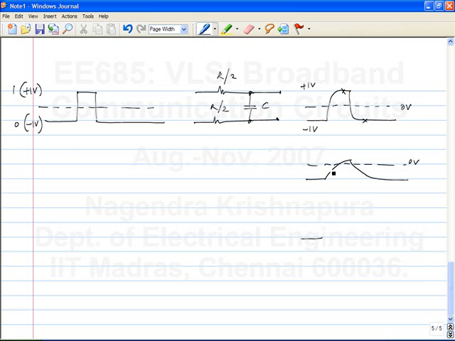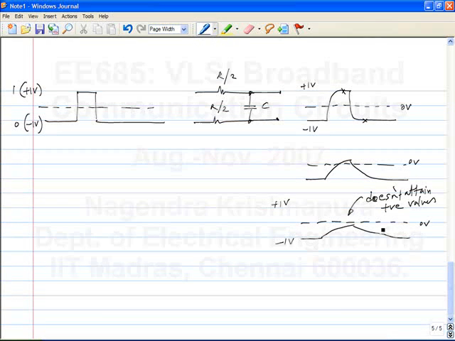You can always make R and C large enough that this happens. So here it doesn't attain positive values at all. Anywhere you look, you only see negative voltages. So you would obviously determine that the transmitted sequence was a string of zeros, whereas there was a 1 in it, and you couldn't detect the 1. So that's a gross error.